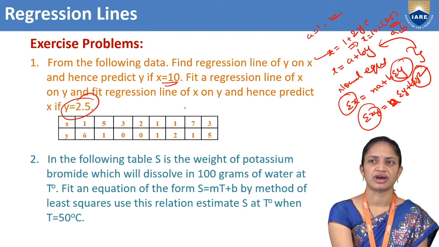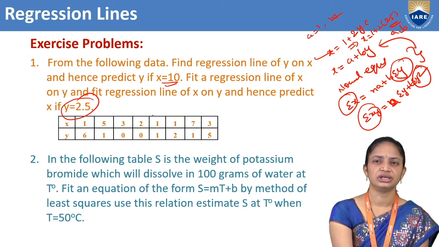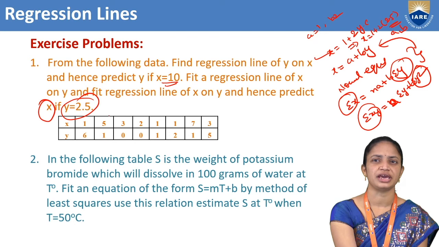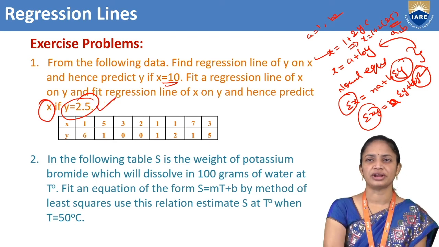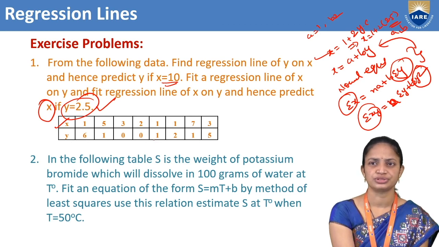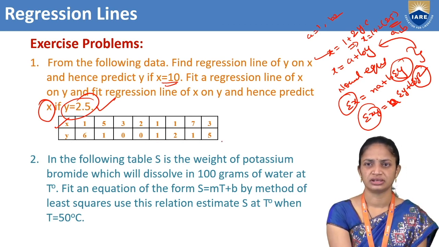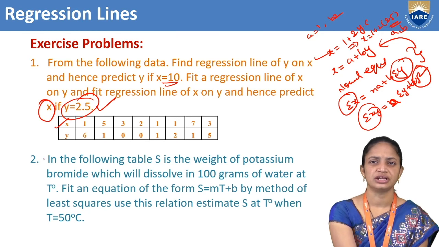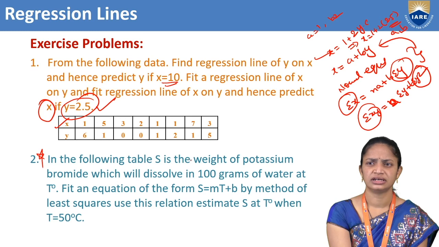So predict x, that means calculate x when y equal to 2.5. Here they have given the x values and y values. The x values are 1, 5, 3, 2, 1, 1, 7, 3, and the y values are 6, 1, 0, 0, 1, 2, 1, 5.